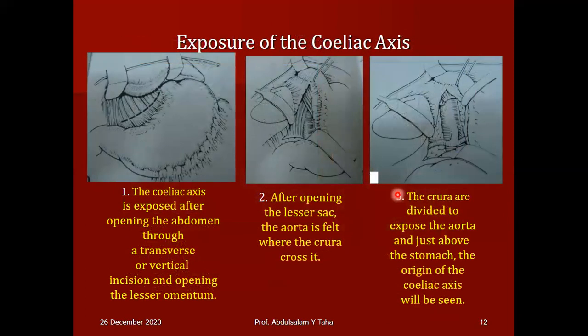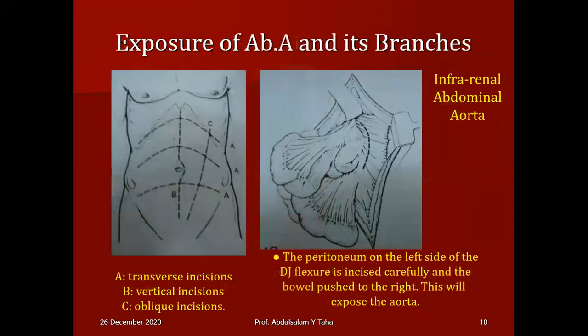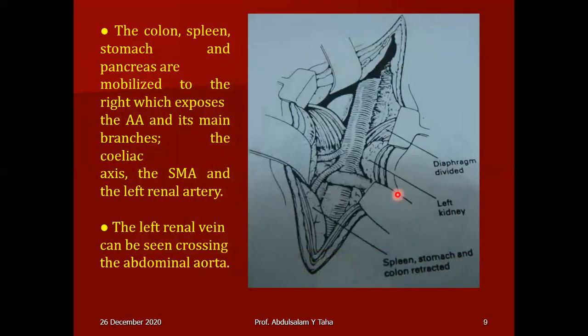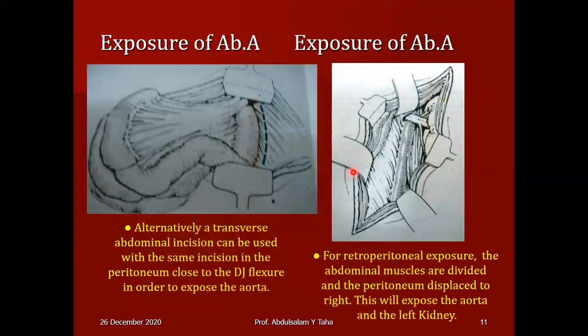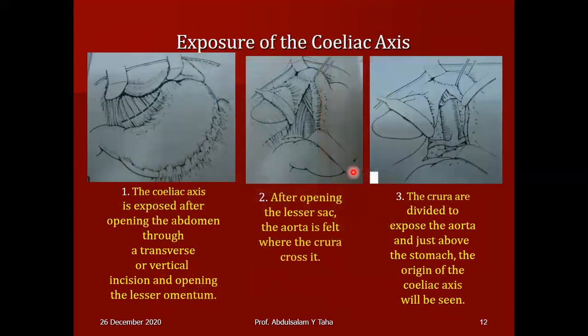Well, you remember the main branches of the abdominal aorta, the celiac axis, the mesenteric arteries, and remember the previous slide number 9. In a laparotomy, if we want to expose the celiac axis, it can be approached or isolated in this technique.